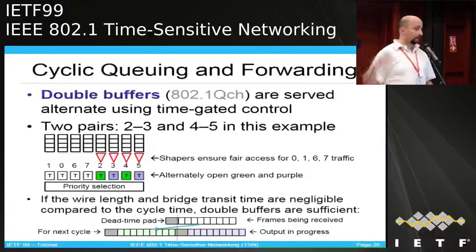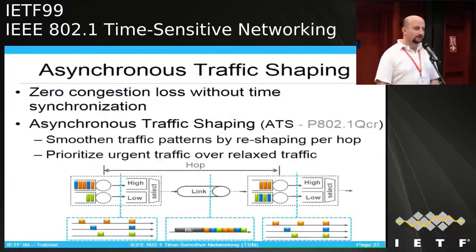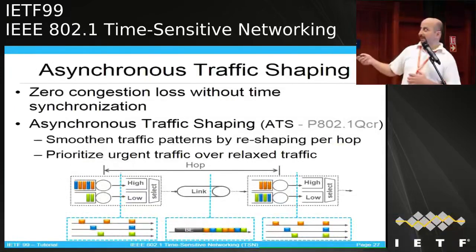What I described, or actually all of us described, up to this point are all done work, published or close to published standards. The next slide is ongoing work. It is called asynchronous traffic shaping, which aims to provide zero congestion loss without time synchronization. So what happens is that we aim to smoothen the traffic pattern by shaping per hop and give priority to urgent traffic over more relaxed traffic. This figure illustrates it. So what you see, these are the classic 8 queues.